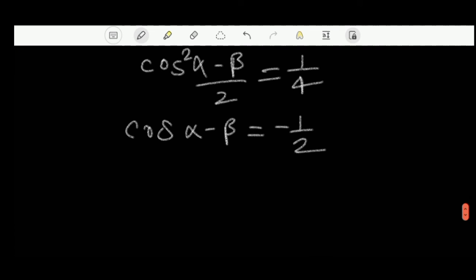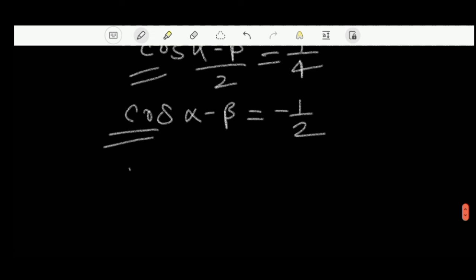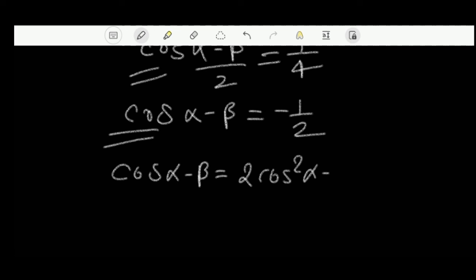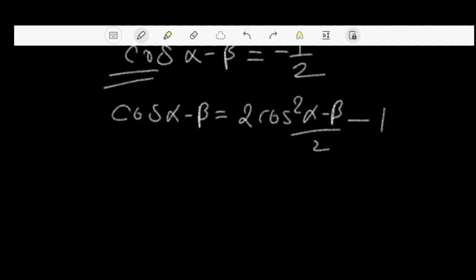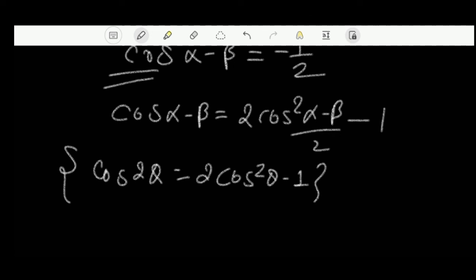And we know the relation between cos(alpha minus beta) and cos square((alpha minus beta) by 2). So we can say that cos(alpha minus beta) equals twice of cos square((alpha minus beta) by 2) minus 1. And this result we obtained from the formula cos 2 theta equals 2 cos square theta minus 1.